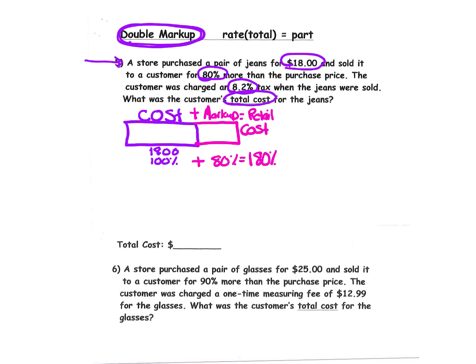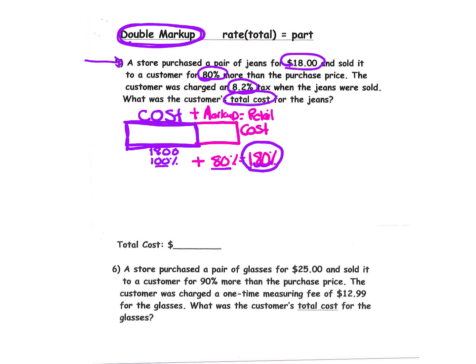Draw the part of the bar that represents the cost. We have an $18 item. That's 100% of what we paid, but we're going to mark it up 80%. Altogether, the customer will pay a retail price at the rate of 180%.